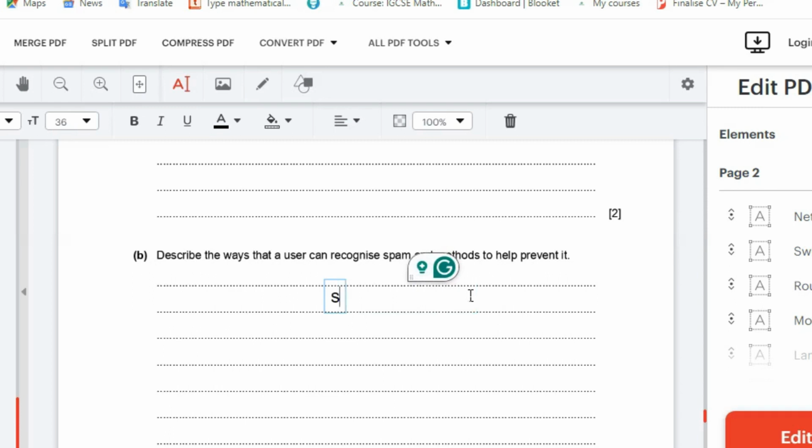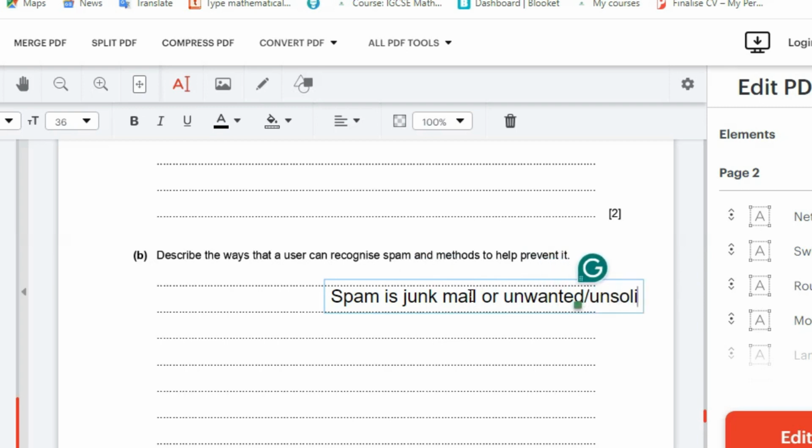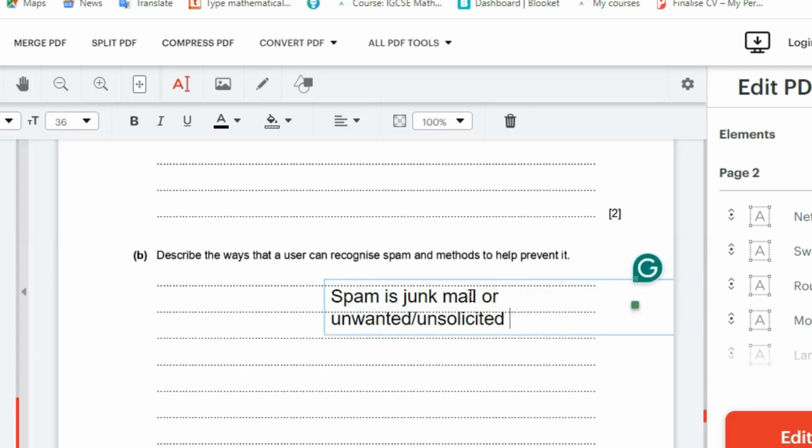Spam is junk mail or unwanted/unsolicited emails.